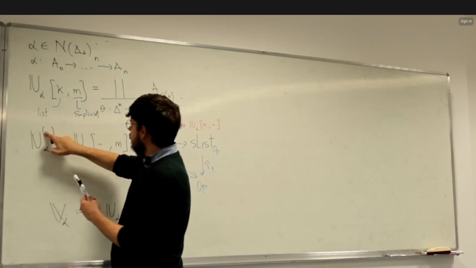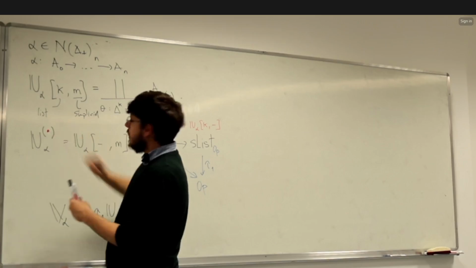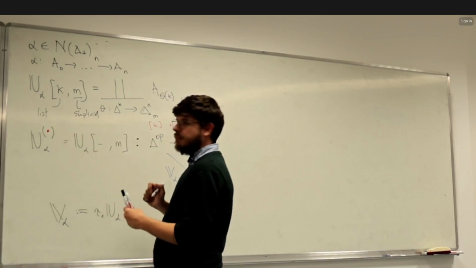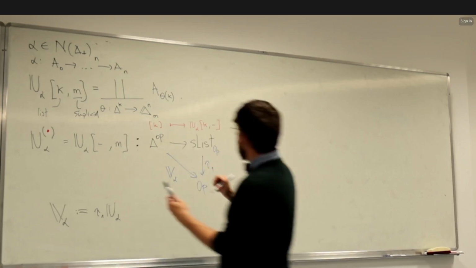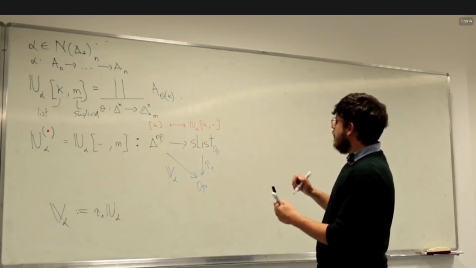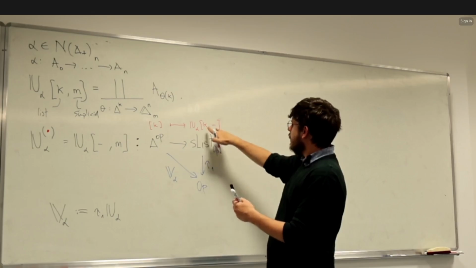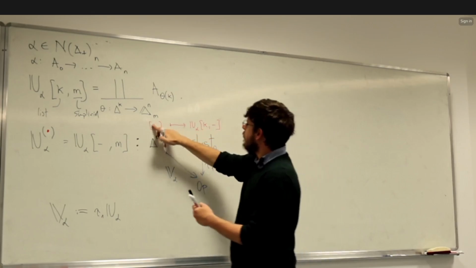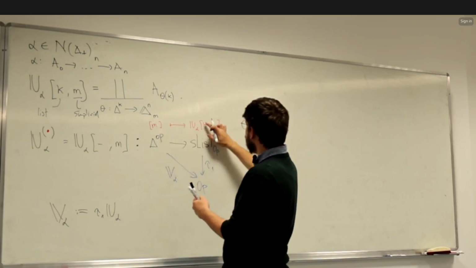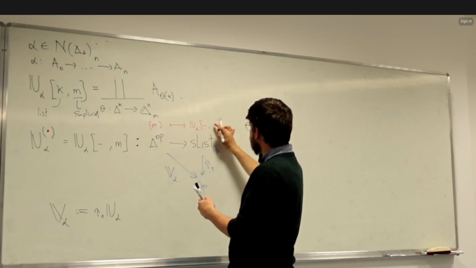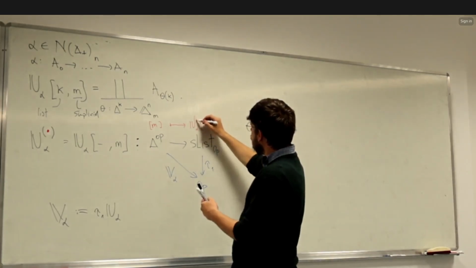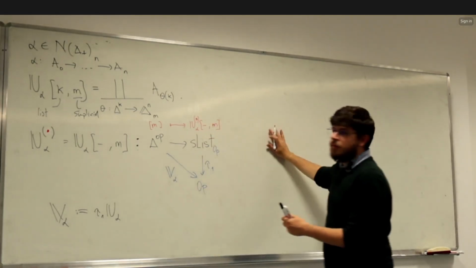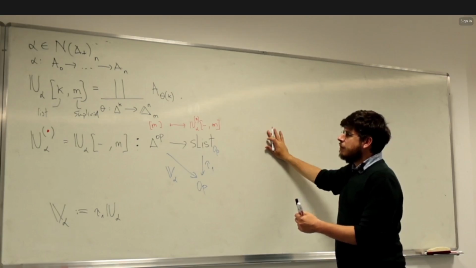Let me put a dot here. I want to send M, letting this vary, to this.